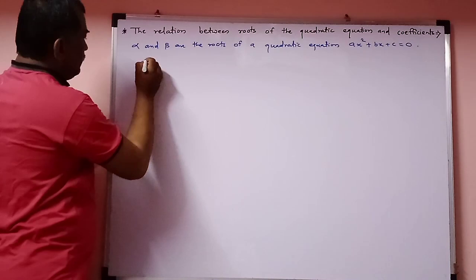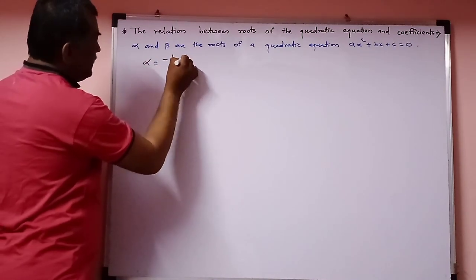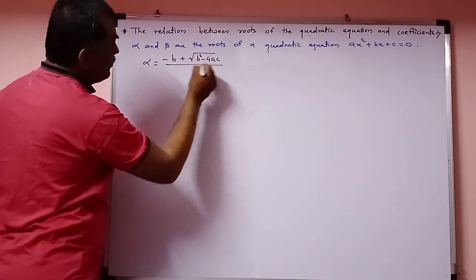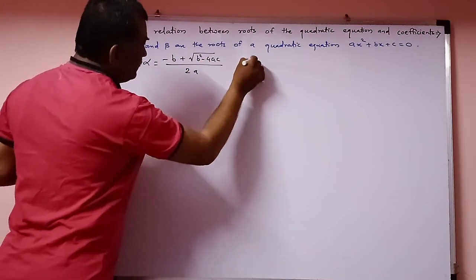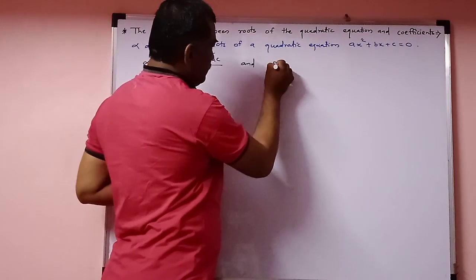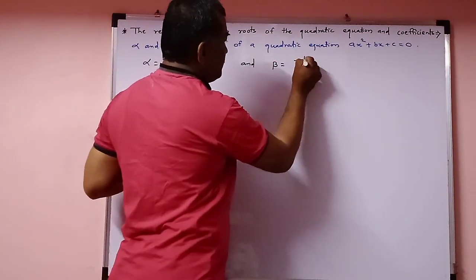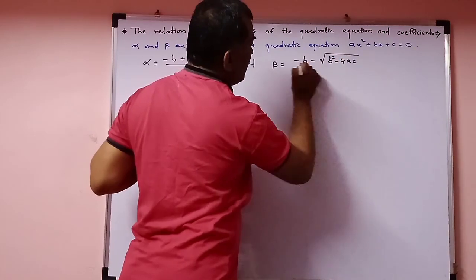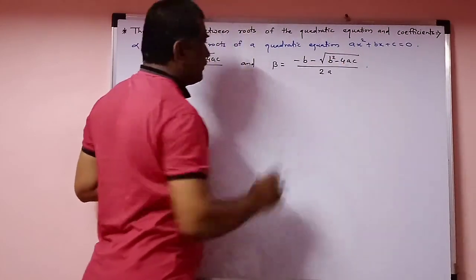Alpha is equal to minus b plus square root of b square minus 4ac upon 2a, and beta is equal to minus b minus square root of b square minus 4ac upon 2a.